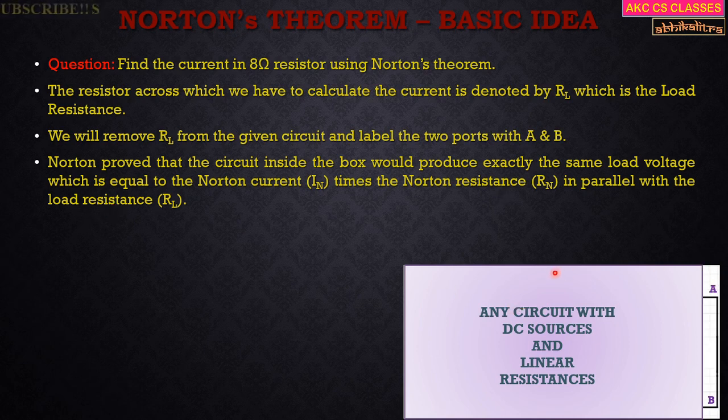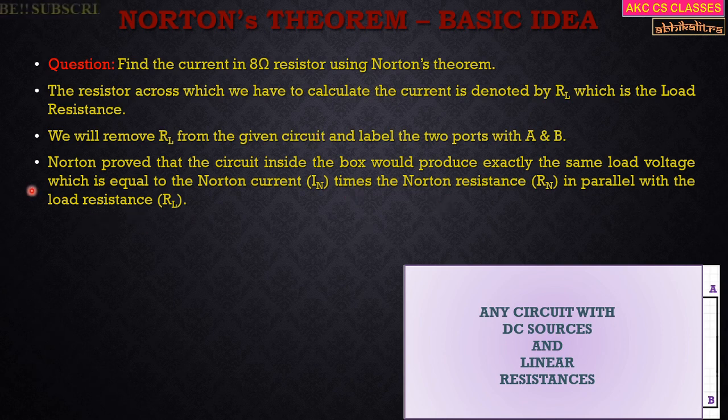That means all the circuit elements present inside the rectangular box will have a certain voltage drop across terminals A and B. The voltage drop across terminals A and B is equal to the Norton current times the Norton resistance in parallel with the load resistance, right? That is a multiplication of the Norton resistance, which is in parallel with the load resistance.